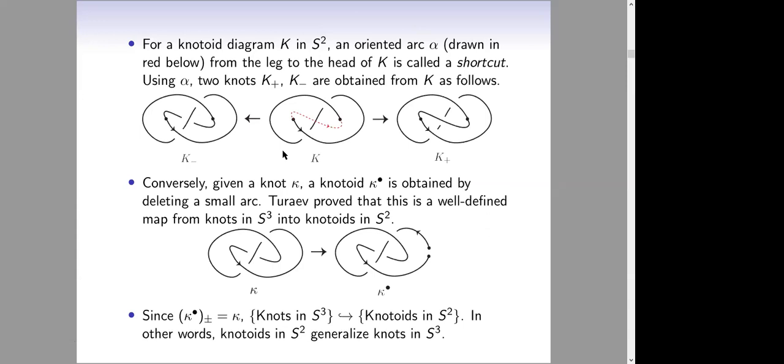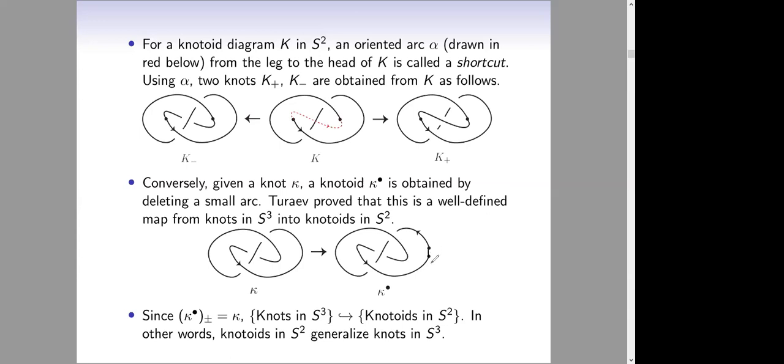Now we see that if you start with the knot kappa and then apply this operation where we delete a small arc, that gives us a knotoid. And of course, if we apply K plus or K minus, which means that you pick a shortcut here, it doesn't matter which shortcut we pick. Let's pick the obvious one.